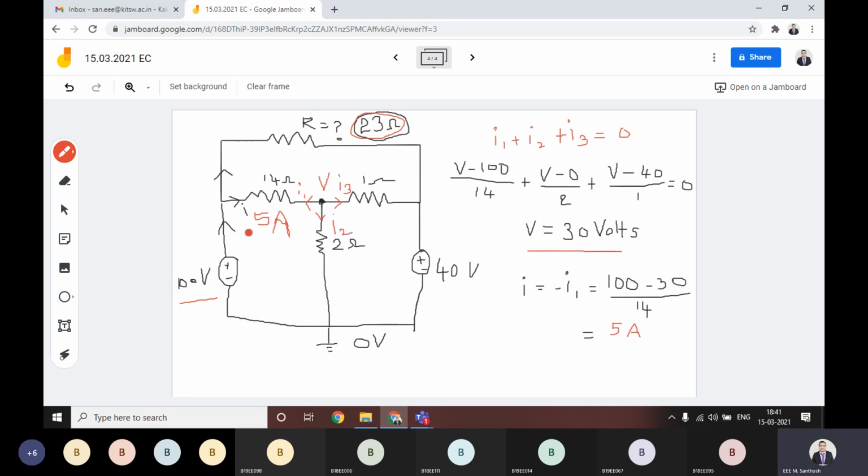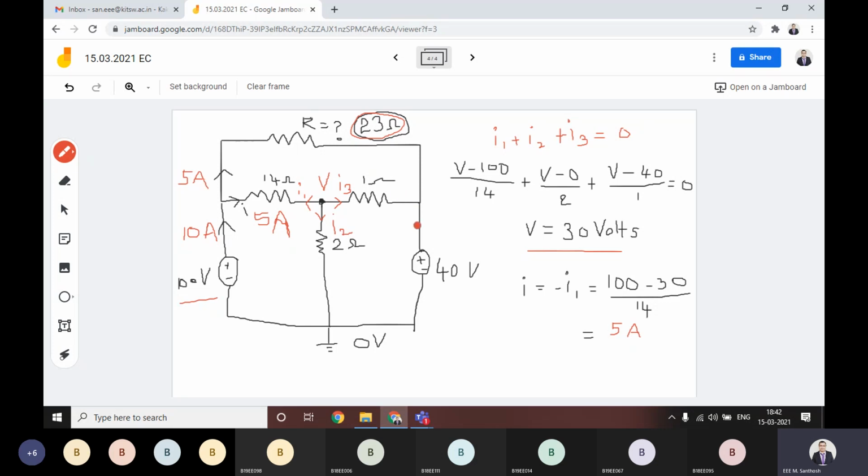If you do that, you will get 10 amperes here. This loop current of 10 amperes is dividing into 5 amperes, and this side also 5 amperes.